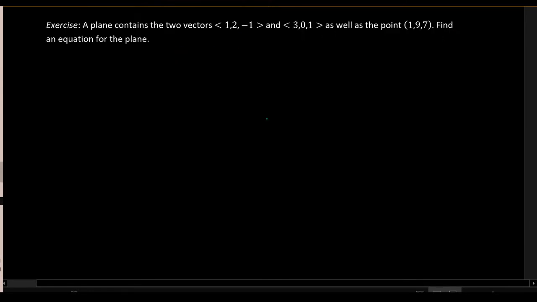Exercise. A plane contains the two vectors 1, 2, minus 1, and 3, 0, 1. It also contains the point 1, 9, 7. Find an equation for the plane. Now, one of the essential pieces of information that we need has been provided to us. We have been given the point 1, 9, 7, which is a point on the plane.